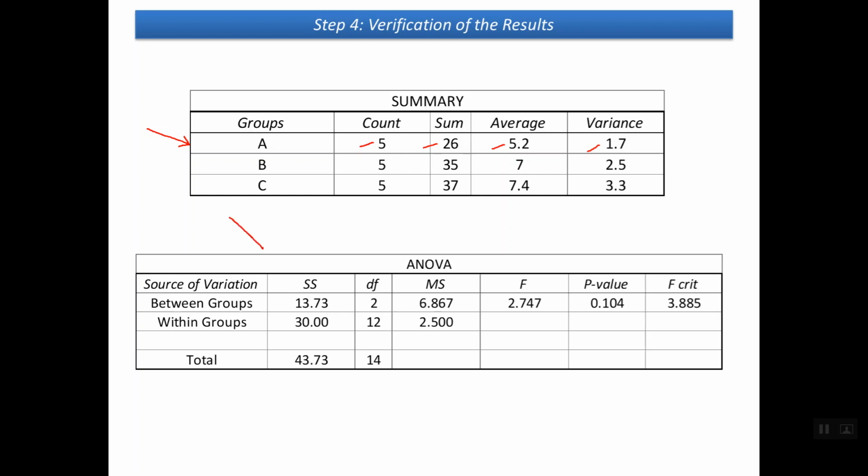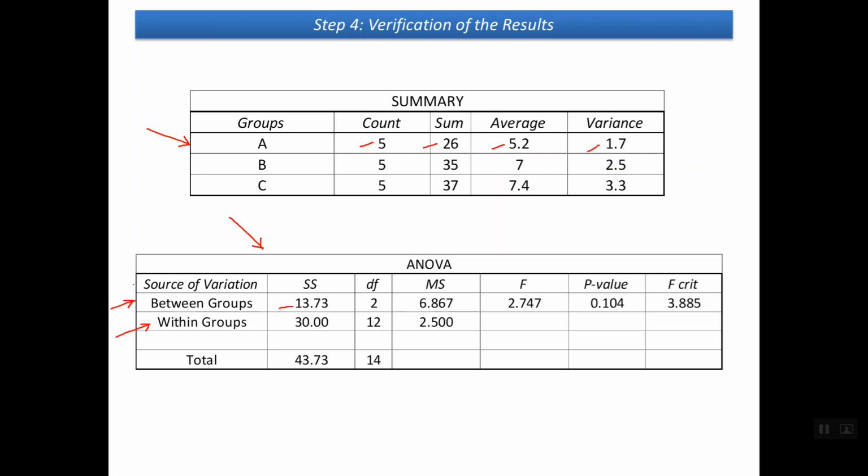The table below represents the one-way ANOVA table, again using Excel. For the one-way ANOVA, we have two sources of variation. The first one is between groups, and the other one is within groups, which is the same as the SS for the error.